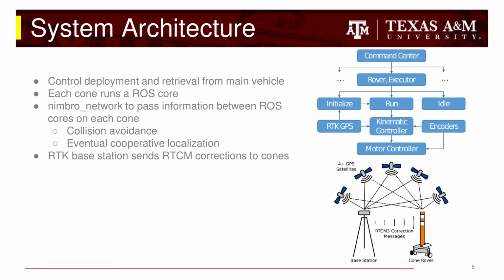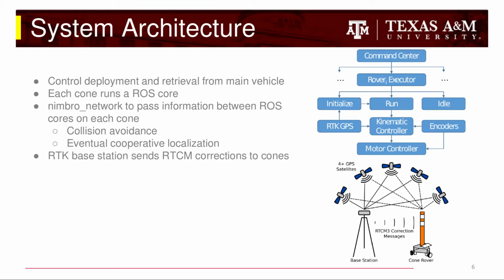In designing the system architecture, we took a very user-centered approach. We wanted to be able to control the deployment and retrieval from a base station, and to achieve this, each cone runs a ROS core, and the Nimbro network package is used to pass state information between the cones.